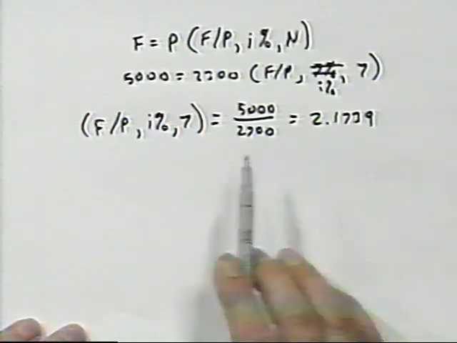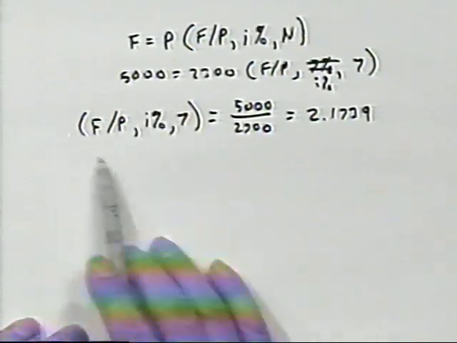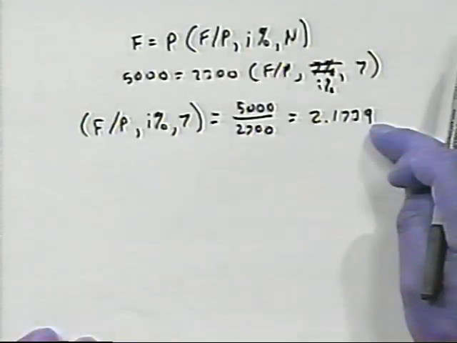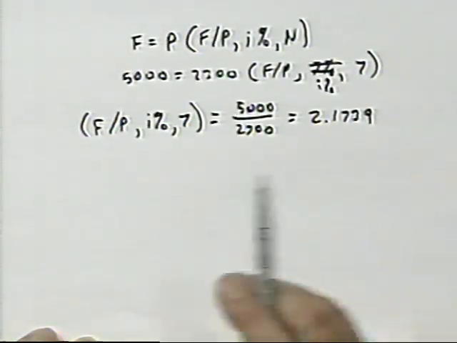Now, what we're looking for is an interest rate that gives a value for this compound amount factor of 2.1739. If we look in the back of the book in the tables of compound amount factors, chances are we aren't going to get this number exactly. What we're going to get is numbers bracketing it, one larger and one smaller.